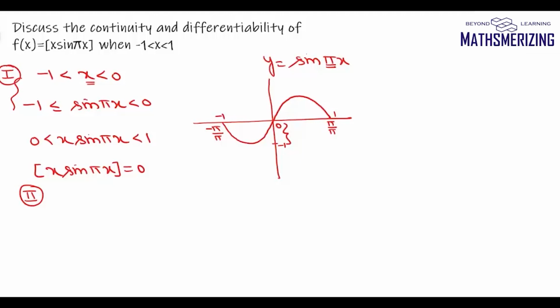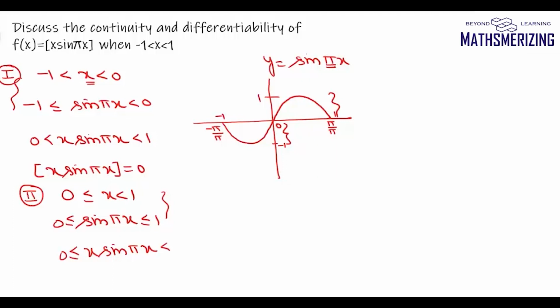Now I'll take the second case, when the value of x lies between 0 and 1. So when x lies between 0 and 1, the value of sin pi x will also lie between 0 and 1. Now if I multiply, x sin pi x will always be greater than or equal to 0 but less than 1.